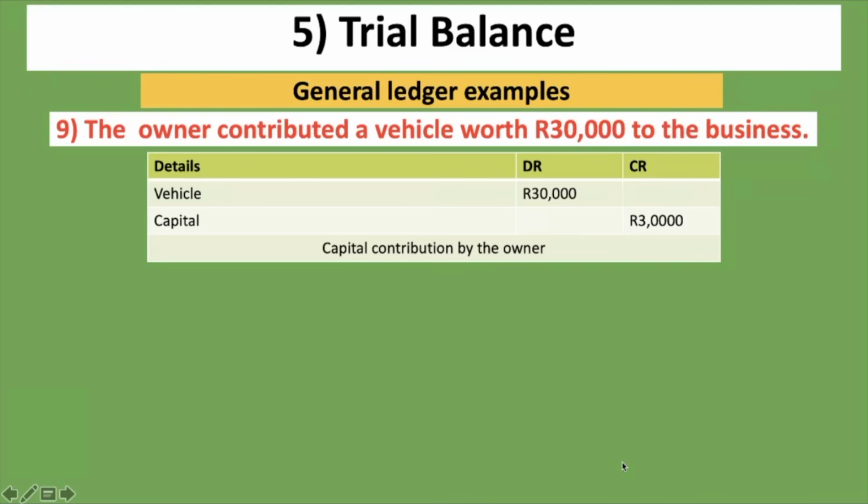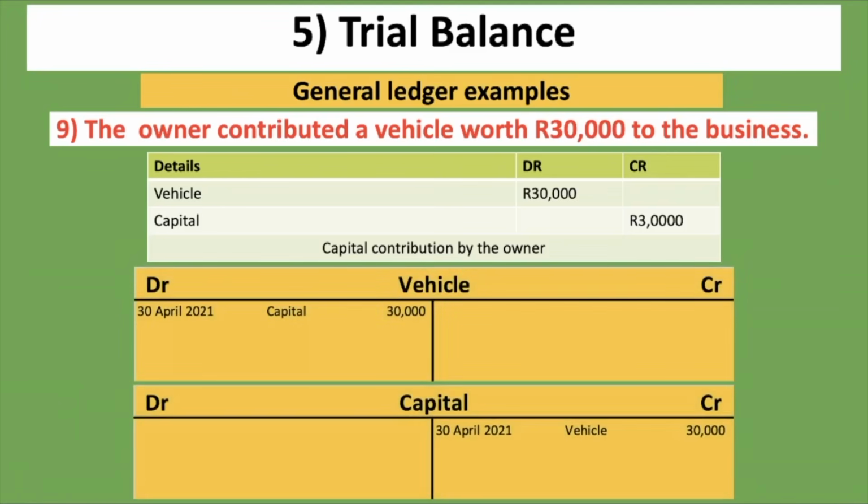Let's go back again. You can see here the owner contributed a vehicle, and that's a capital account. So the vehicle account is increasing because a vehicle is coming into the business. The capital is also increasing because the owner increased his capital contribution by bringing in a vehicle. So we have vehicle and capital. Vehicle is an asset. It goes under the balance sheet account section, and capital also goes under the balance sheet account section, as I've mentioned.